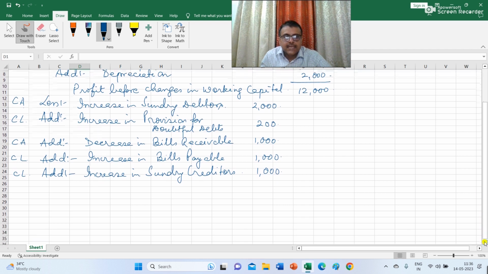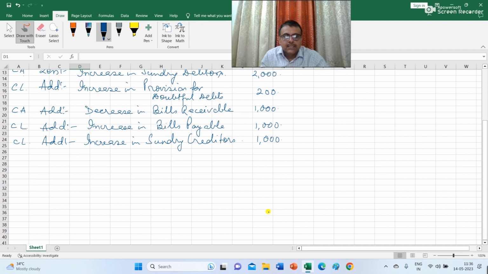So the next item after sundry creditors is inventory. There is an increase in inventory, and inventory is a part of your current asset. So we have to reduce it. So increase in inventory, and the amount is for rupees 3000. Next is your short-term investment.